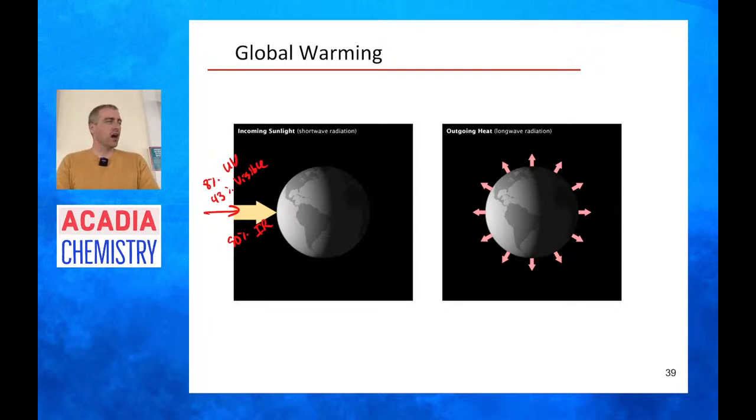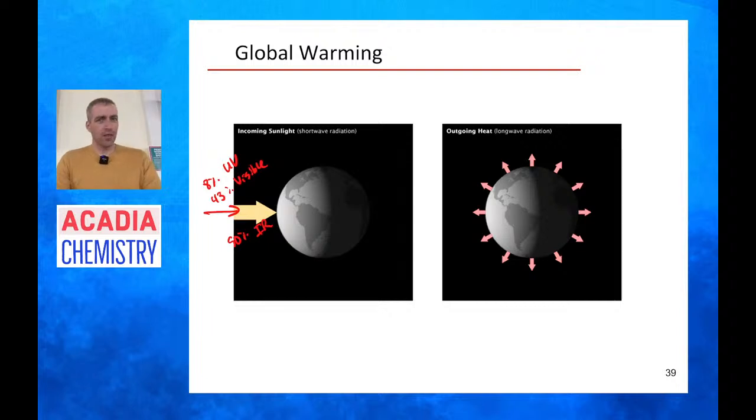What that does is it warms up the Earth and actually increases the temperature. It keeps us a very warm planet, warm enough to sustain life. Because we are now a warm planet, what's happening all the time is our planet is also emitting light back out into the solar system.